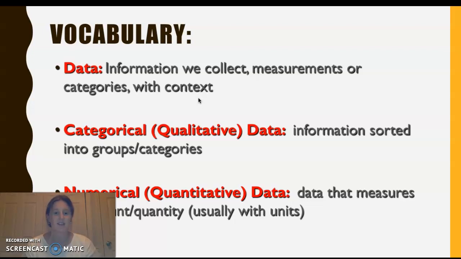One breakdown is categorical data versus numeric data. Starting with categorical or qualitative, it's information sorted into groups or categories. The categorical piece is hinting at the categories, whereas the qualitative piece goes with a quality. A good example is words used to describe things.